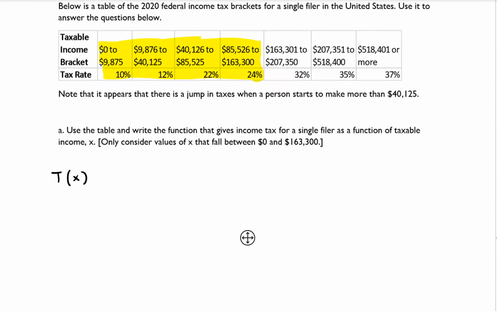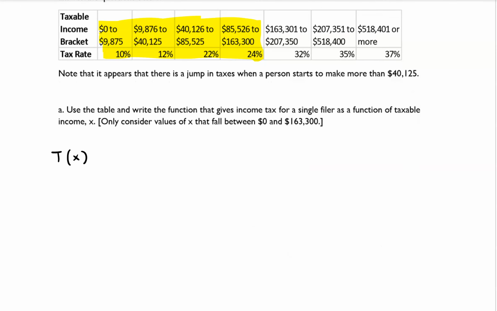So I'm going to say t of x equals, and we want to come up with the first subfunction of our piecewise function. And x represents our taxable income. So those would be like the values that fall between $0 and $9,875.